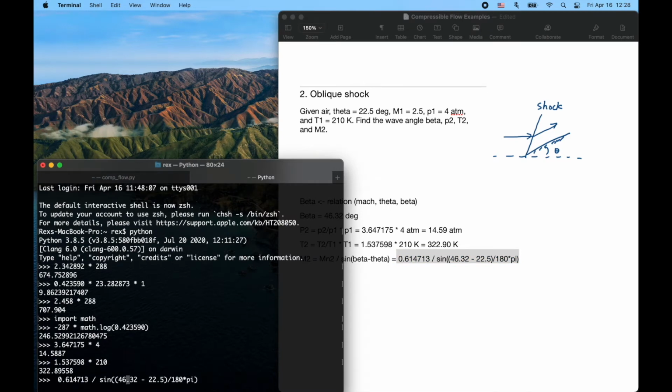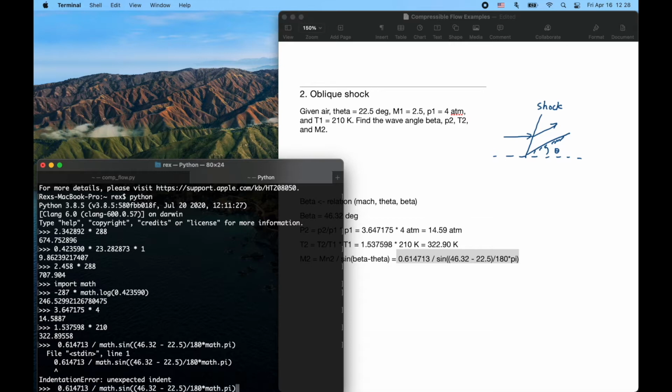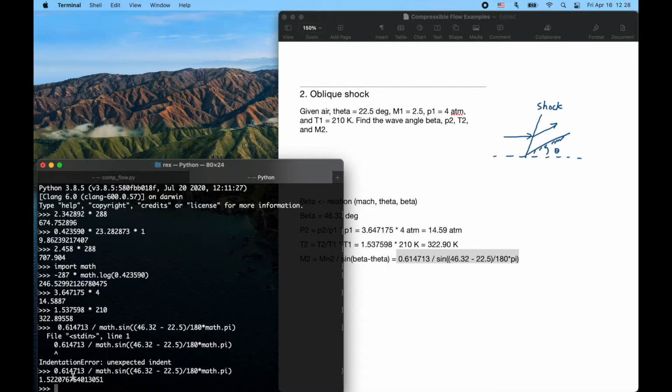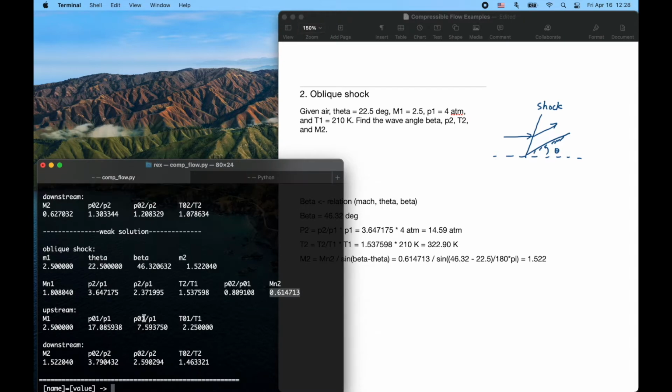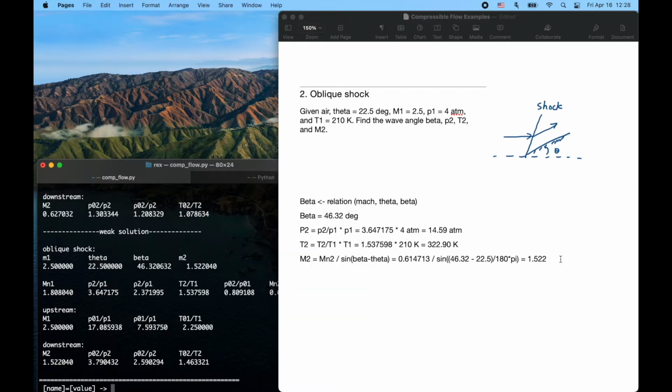In Python, if we want to use sine, we need to use it from this package. It gives us Mach number 2 equals 1.522. Let me check. Okay, they are the same, so that means it should be correct.